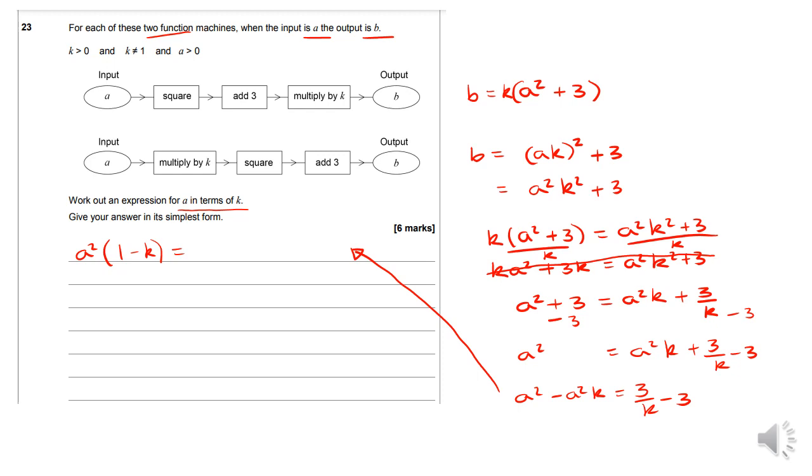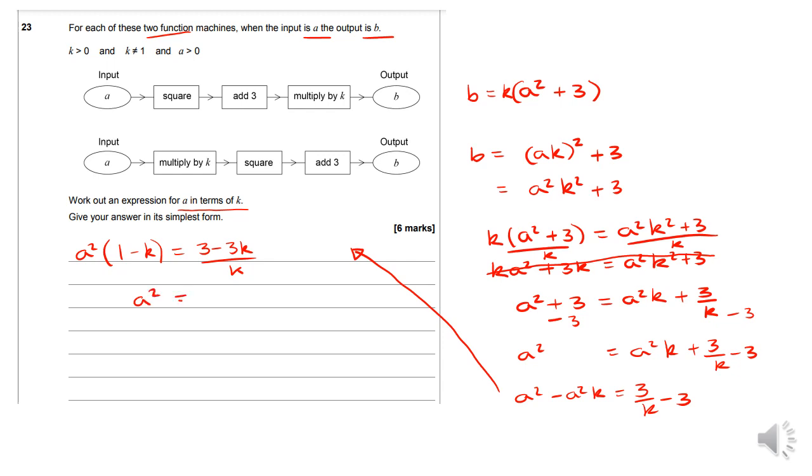So I'm going to make them both things have a denominator of k. So I'm going to keep 3 over k, but I'm going to make that 3k over k, because I think that might make things a little bit easier in a minute. Then what does that leave me with?